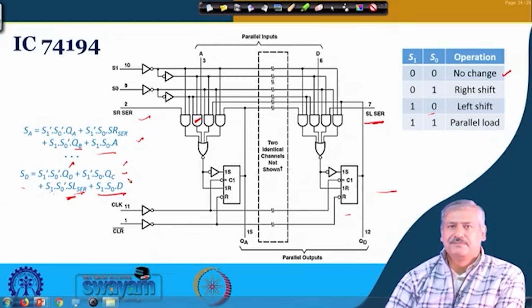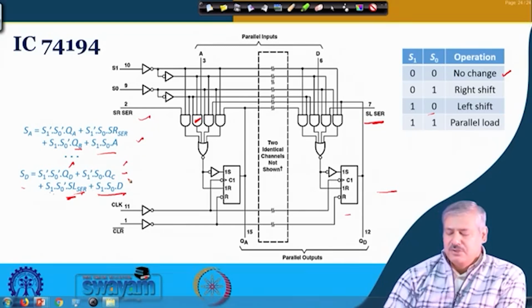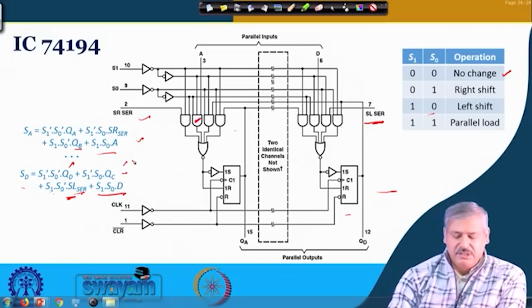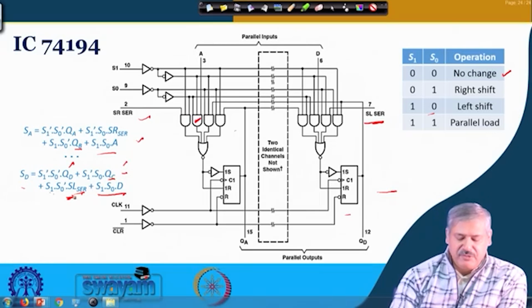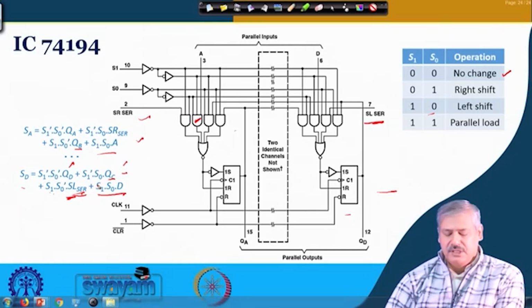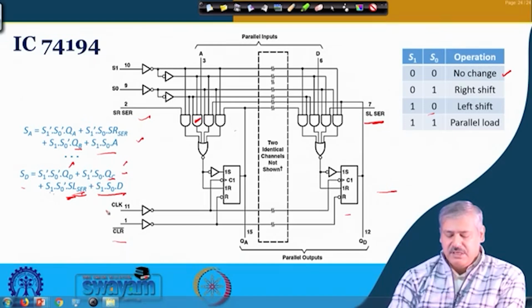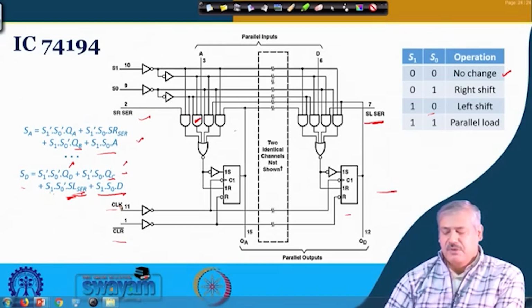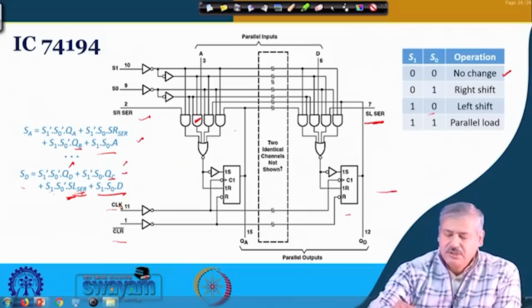Is it fine? Okay. So, this is replicated in the rest of the cases with the appropriate values here, other things are similar, right, and this is asynchronous clear, and clock is common to all of them, fine.